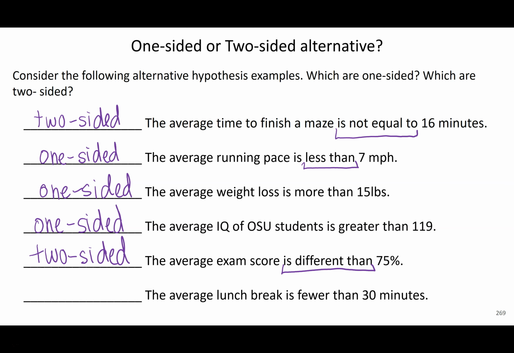And then our last one: the average lunch break is fewer than 30 minutes. When I worked back at Target, that was the case sometimes, fewer than 30. So we're only interested in the case where it's lower than 30. We don't care if it's higher here. So this will be one-sided.